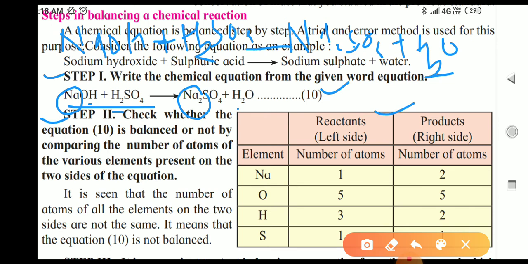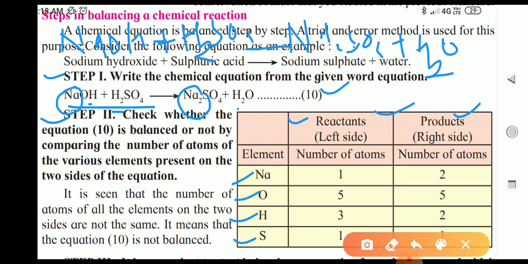Elements sodium, oxygen, hydrogen and sulfur. So these 4 types of elements are there, and in reactant side and in product side, we know reactants are towards the left side and products are towards the right side. So we have to write the number of atoms in reactant side and number of atoms in product side.